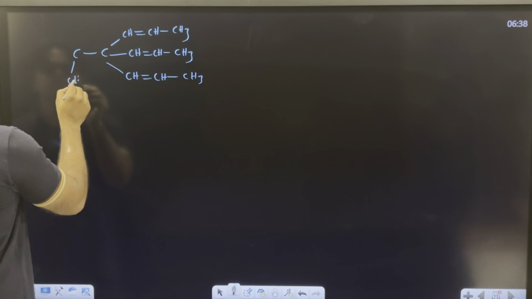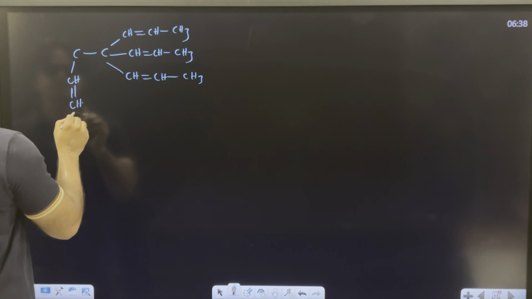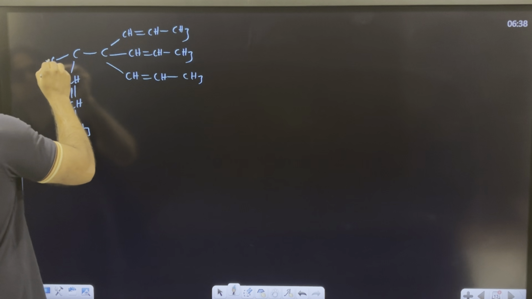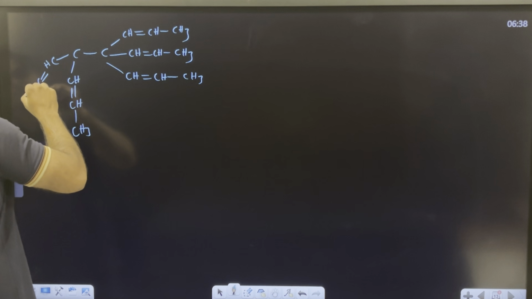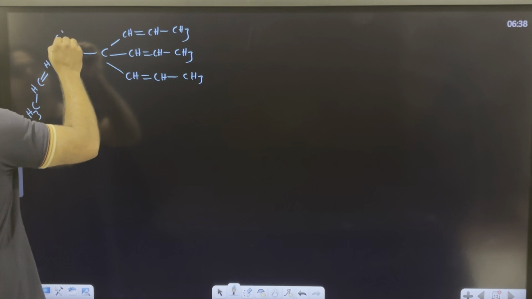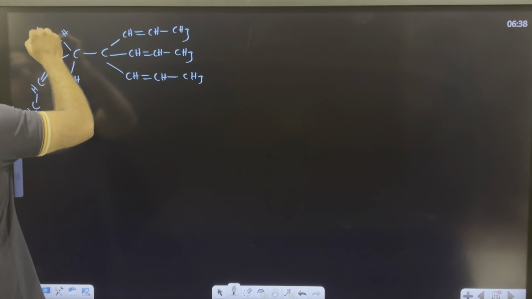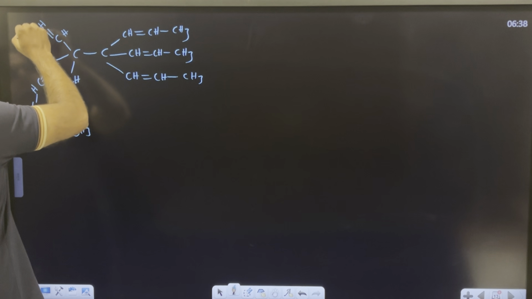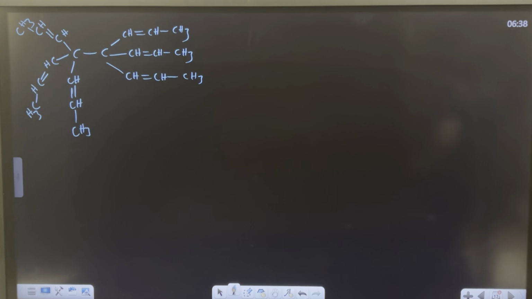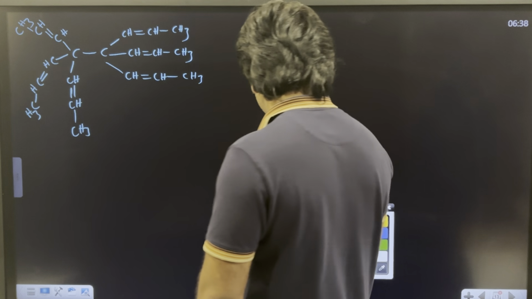And again on the left side carbon atom CH=CH3, next to it CH=CH-CH3, CH=CH-CH3. Total number of geometrical isomers of the given compound. Okay, right. What are the total number of geometrical isomers?